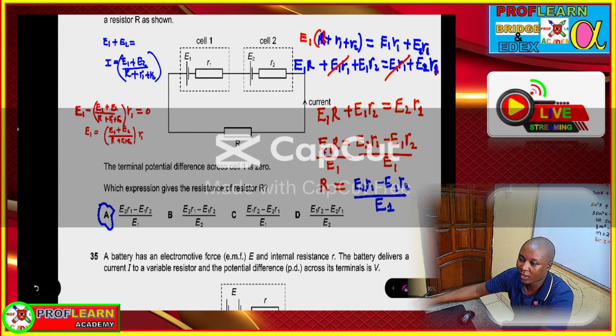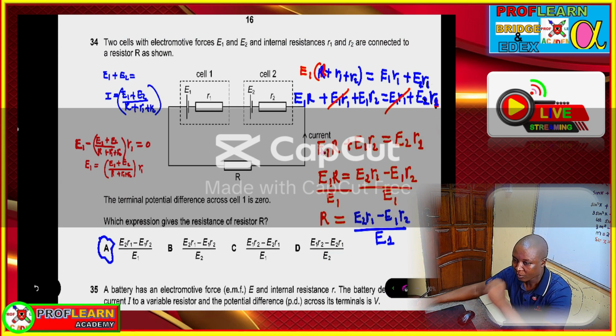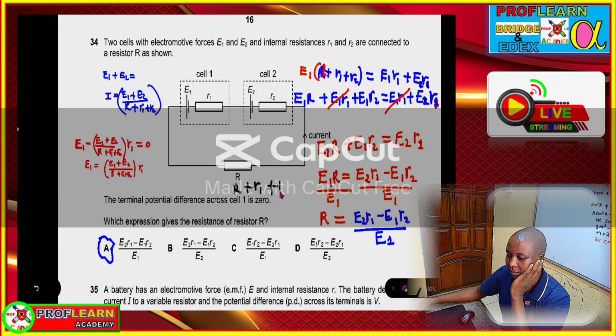Another interesting question that we have here is that we are told two cells, each with electromotive force E1 and E2 and internal resistance R1, R2, are connected to a resistor R. Something we need to understand is the total resistance. The total resistance in this circuit will be R plus R1 plus R2.